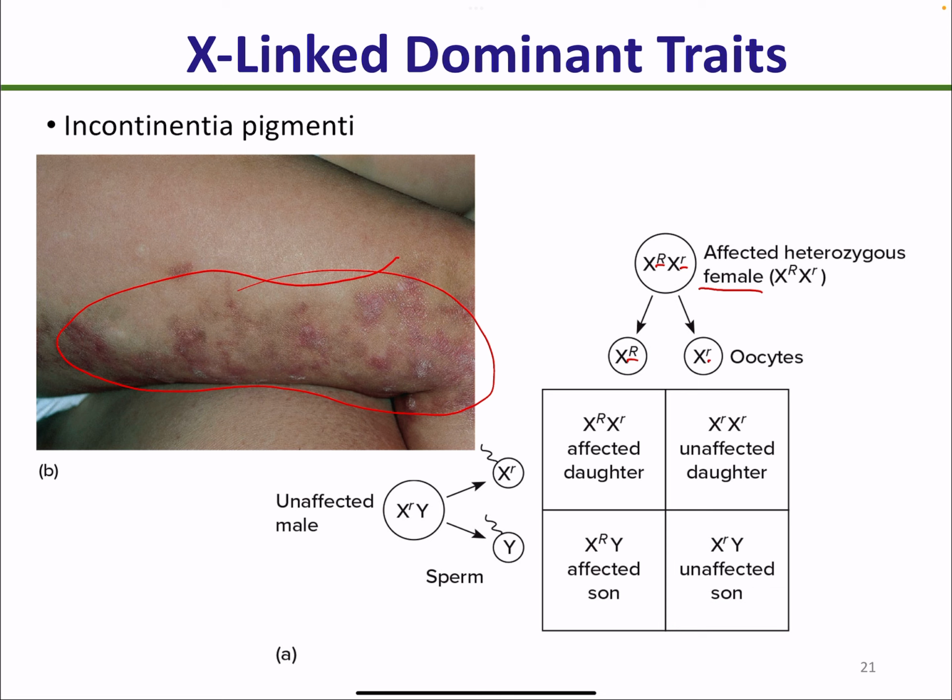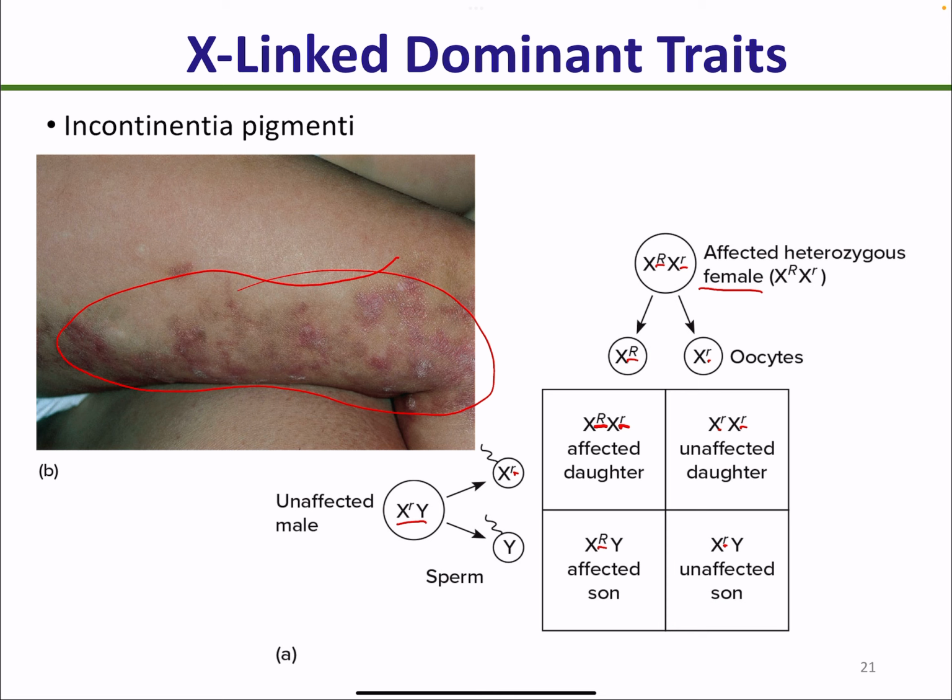If that lady has a child with a man who is unaffected, so lowercase r, that unaffected male has the chance to have an affected daughter here, an unaffected daughter here. Then we have an unaffected son here and an affected son here.